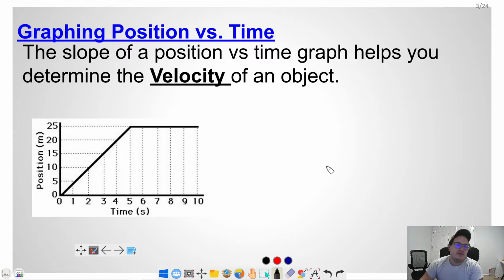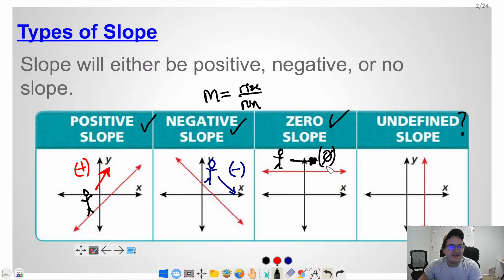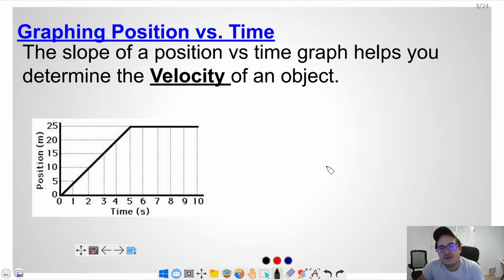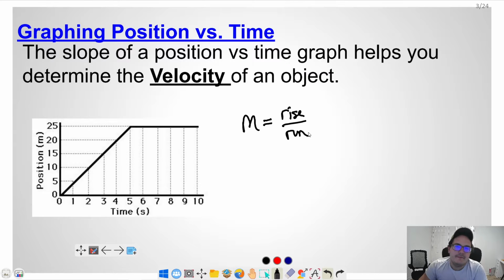If we've talked about slopes already, now how does slope apply to what we have here? This is going to be a little bit of math magic, so we'll get there eventually. You have slope, which is rise over run. But if we look at this graph, this is a displacement versus time graph.